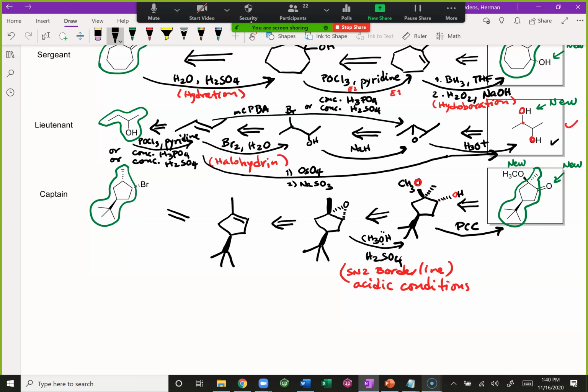And what would you do from here to here? MCPBA. This is an epoxidation. And finally, from here to here, what would you use?